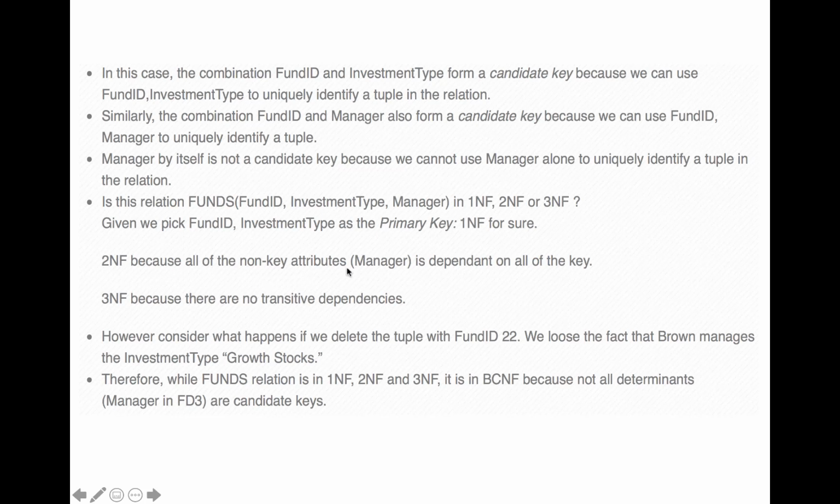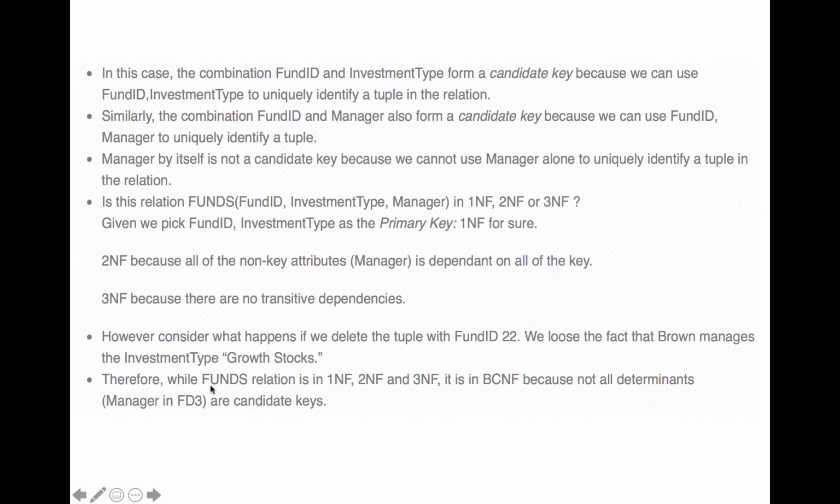Now all the non-key attributes depend on all of the key, because the only other attribute is manager, and manager depends on both fund ID and investment type together. Then we're sure that we are in the second normal form, with no partial key dependencies. Are we in third normal form? Yes, we are, because there are no transitive dependencies.